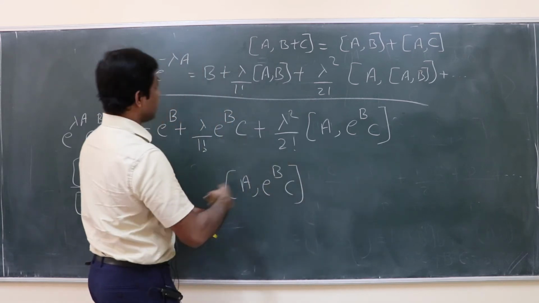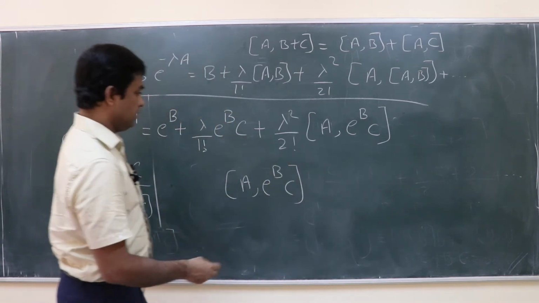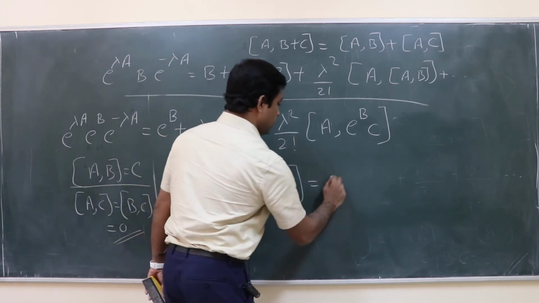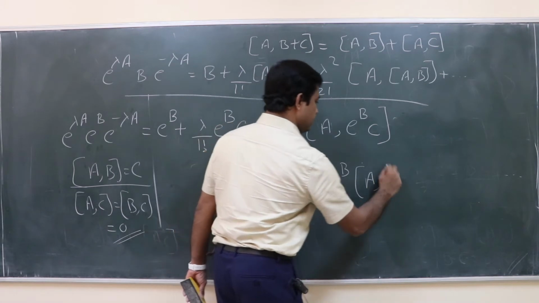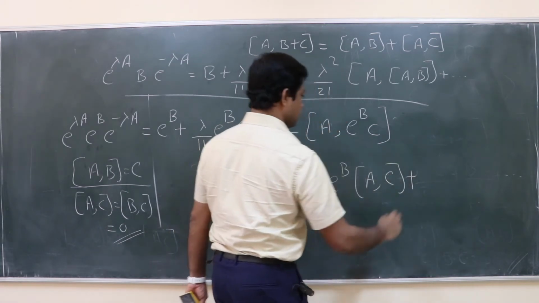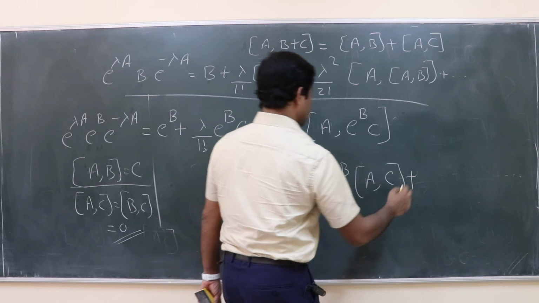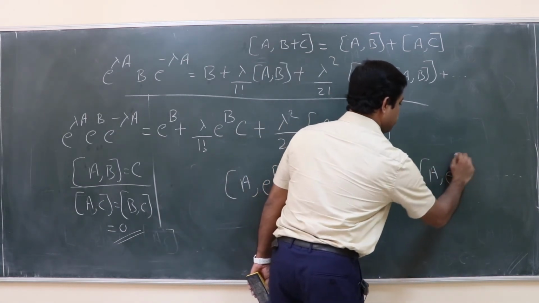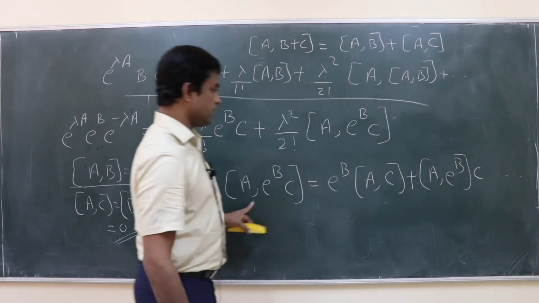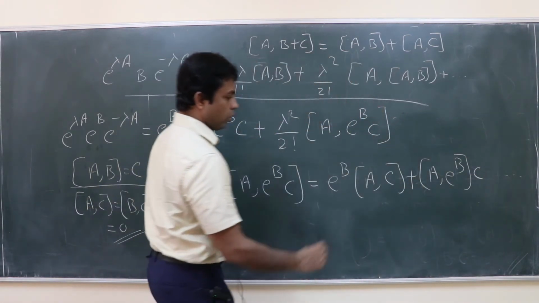Again you apply the formula: this is equal to e^b [A, c] plus [A, e^b] c. But this quantity is 0.